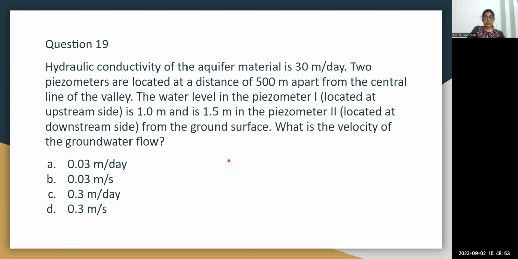How can we find out the velocity? By applying which equation? It's a direct substitution problem.